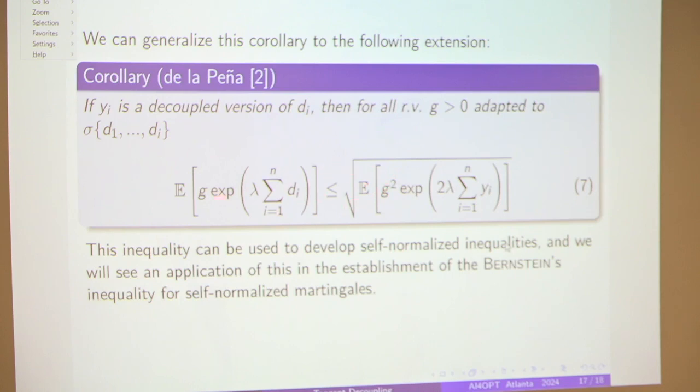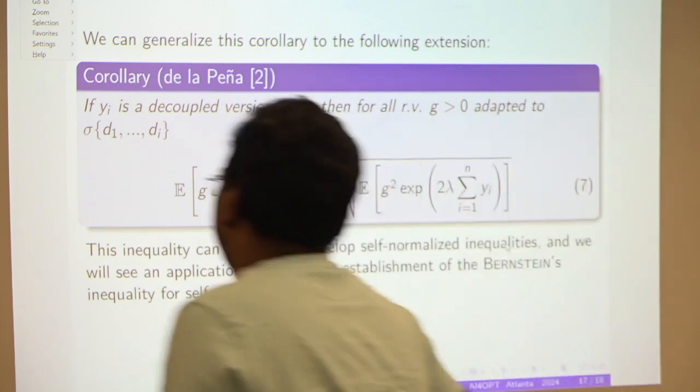And this is also a sharp inequality. And the proof is very simple again. All you need to do is multiply by g, and then when you use Hölder's inequality, it goes to the square. Okay, the same proof, but it was very successful in doing self-normalization. Now this one is stuck.